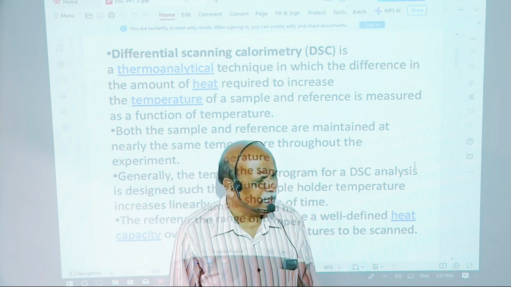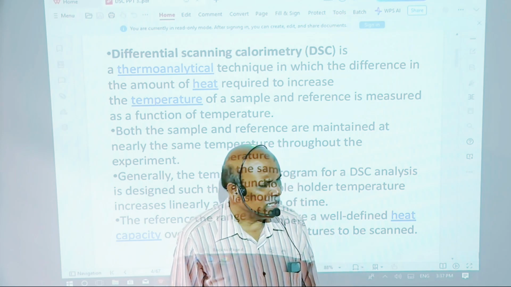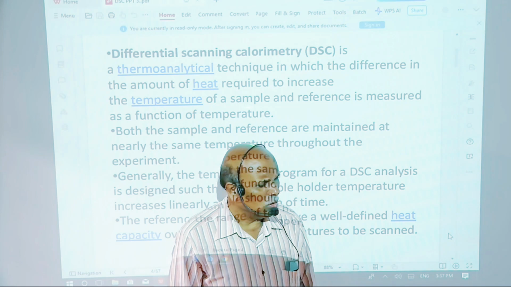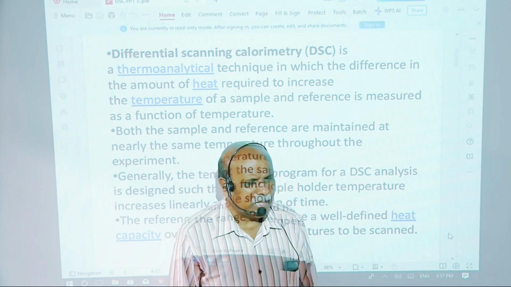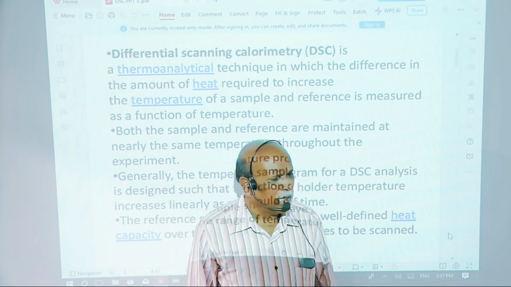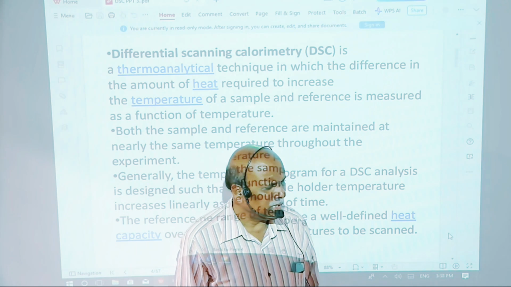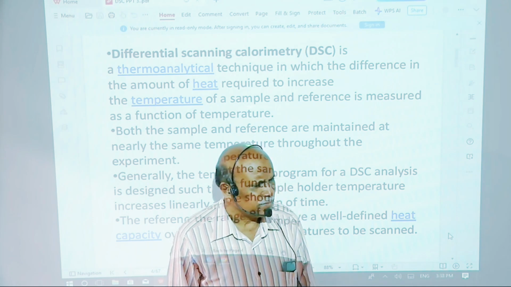Generally, the temperature program for a DSC analysis is designed so that the sample holder temperature increases linearly as a function of time. The reference sample should have a well-defined heat capacity over the range of temperatures to be scanned.